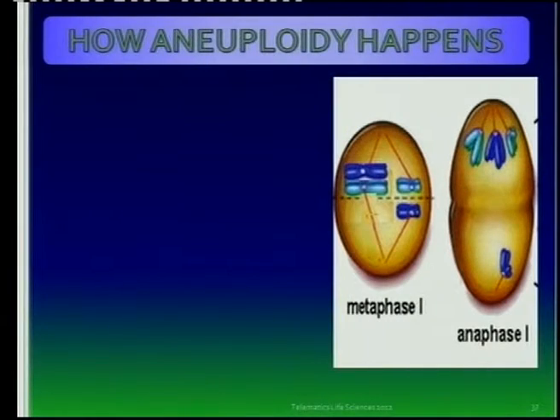Now let's see how this mistake happens. How aneuploidy happens. You don't have to know the phases of meiosis, but just to show you, the homologs must pair off at the equator during metaphase. This is what is referred to as non-disjunction.